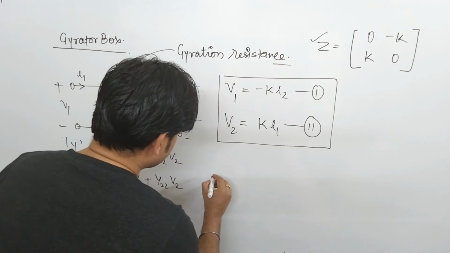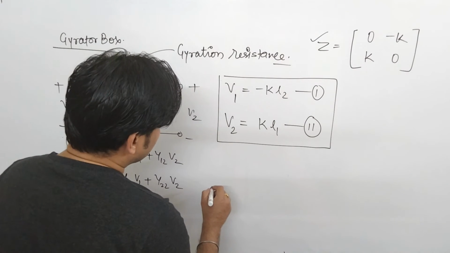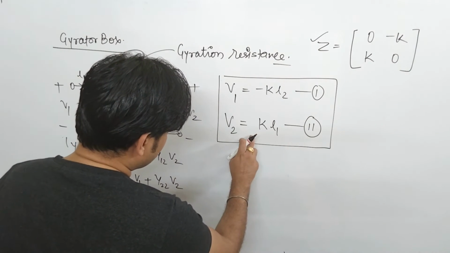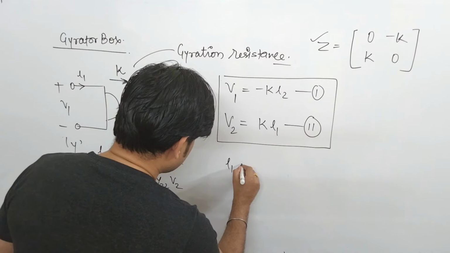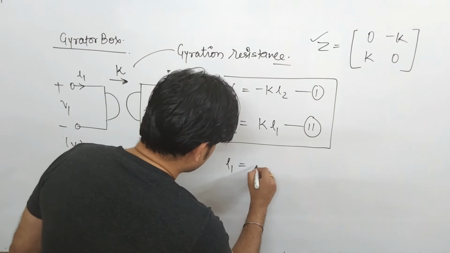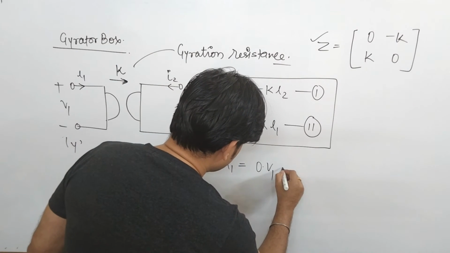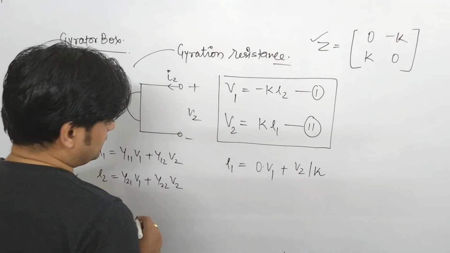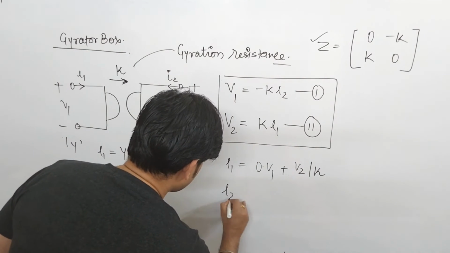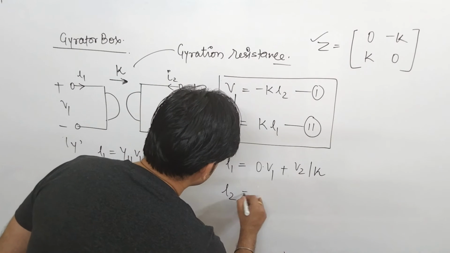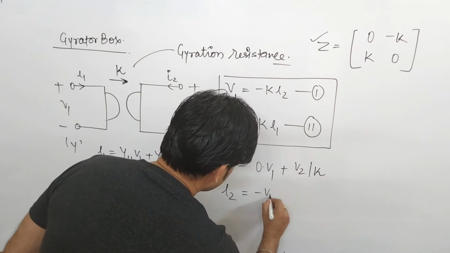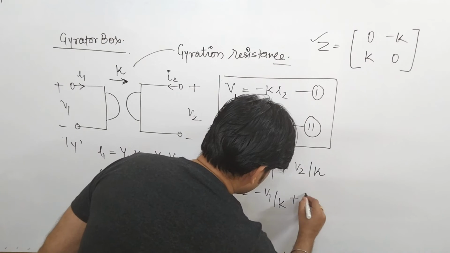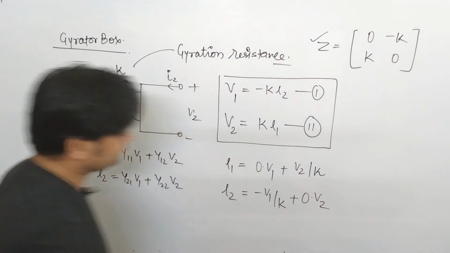Now if I arrange this, I1 is equal to 0 V1 plus V2 by K. And I2 is equal to minus V1 by K plus 0 into V2.